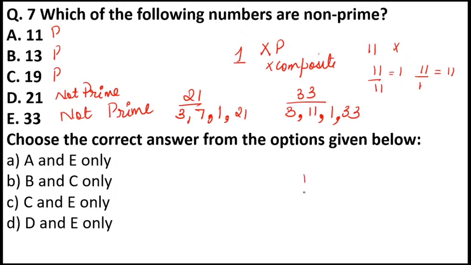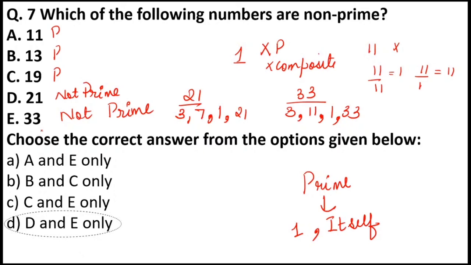I told you prime numbers are those which can be divided only by 1 and itself. No other number can divide a prime number. So here the non-prime numbers are 21 and 33. That is why D is the right answer, which is D and E. Okay, got it? I hope everybody understood the concept of prime and composite numbers.